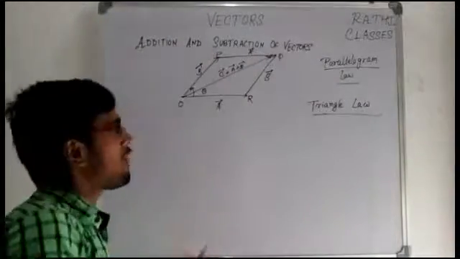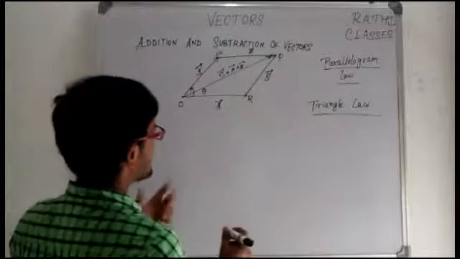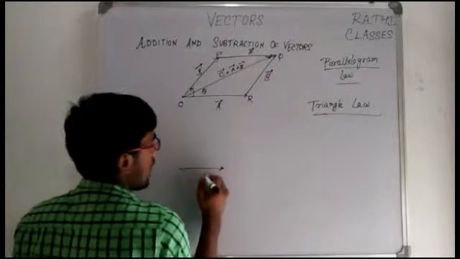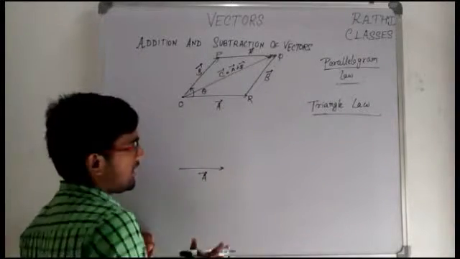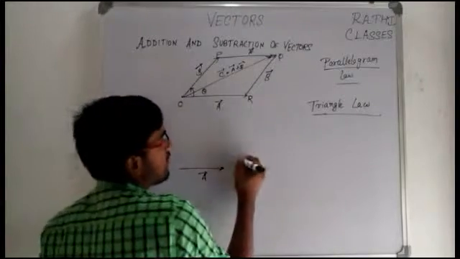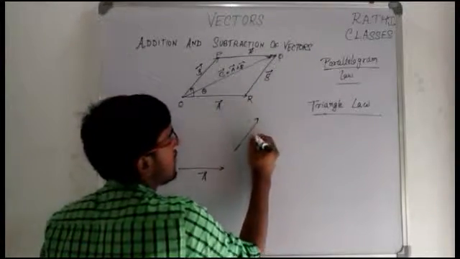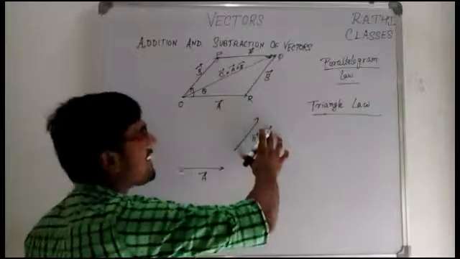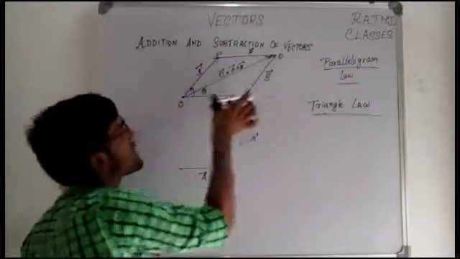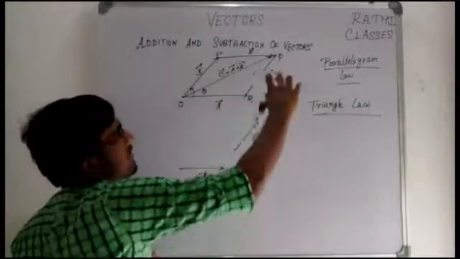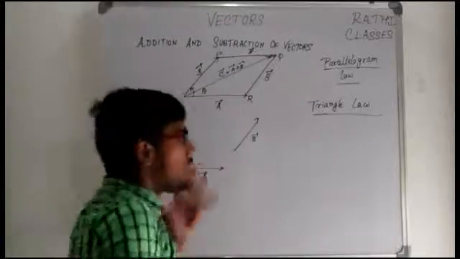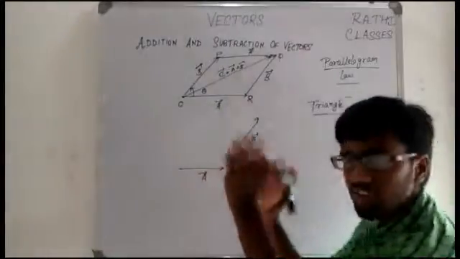Now, this triangle law of vectors states that, say if there is a vector A in this direction, in this part of the space, and say if there is a vector in this direction, in this part of the space. And let's assume that these two vectors are same as these two vectors, right? This vector is B and this vector is A. Assume these two vectors are placed in space in this manner.